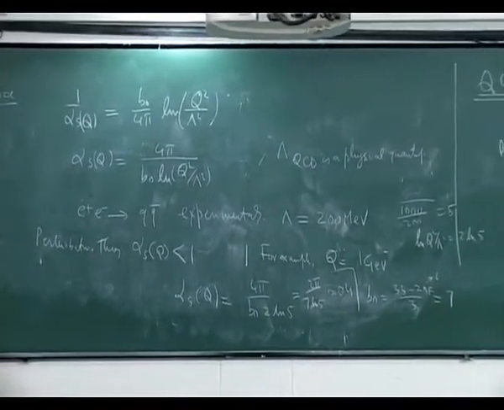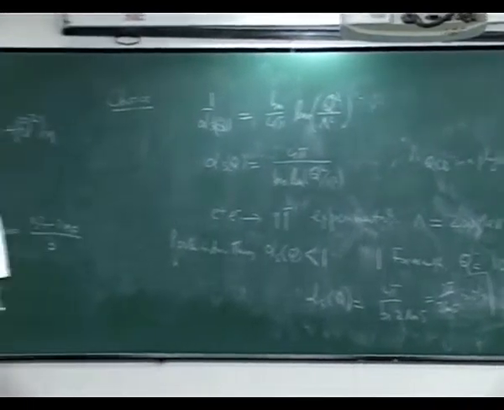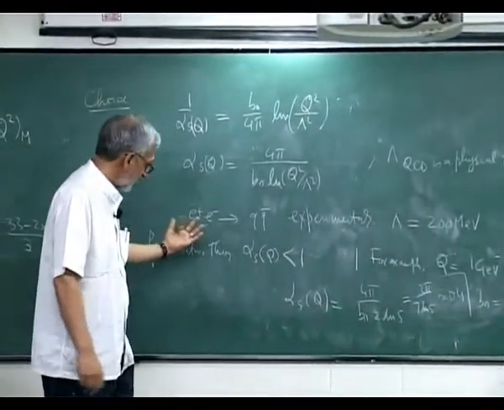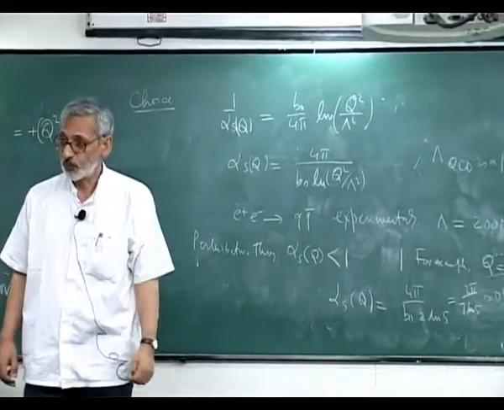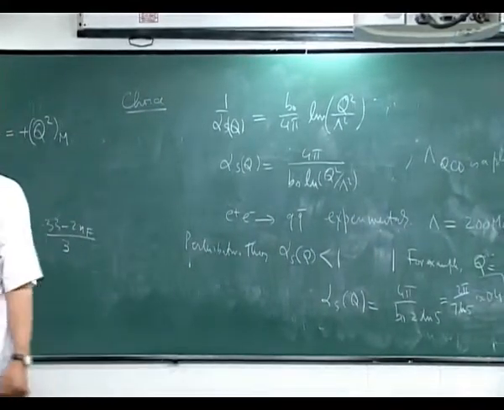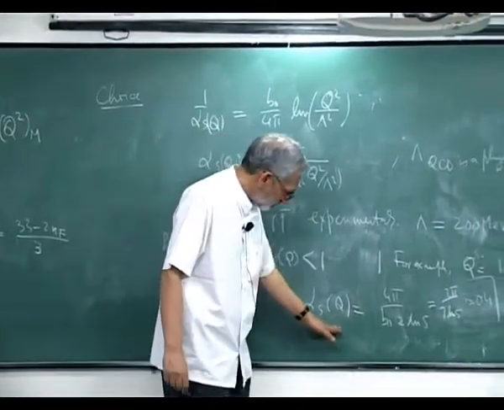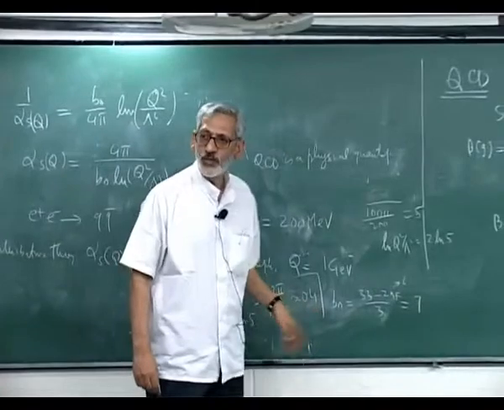So if I am doing physics at 1 GeV, these interactions exchange a momentum of the order of 1 GeV. Then I can study the strong interaction properties of these quarks, because the coupling is only 0.4.